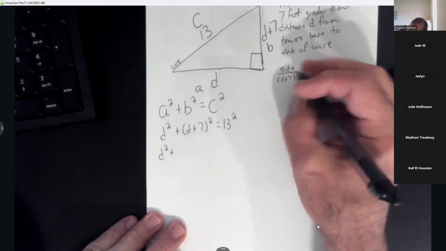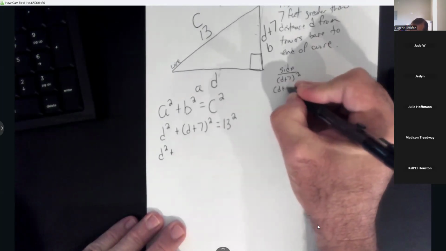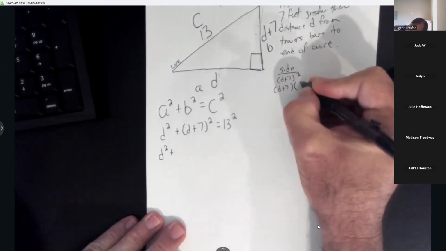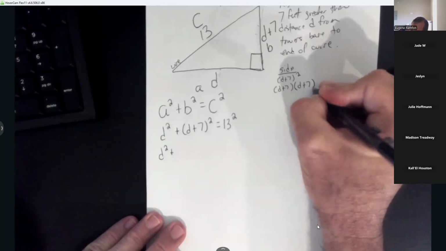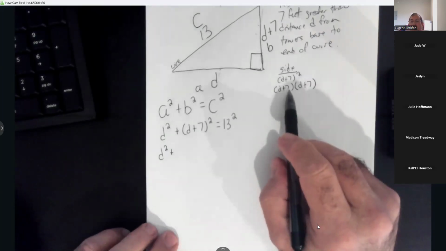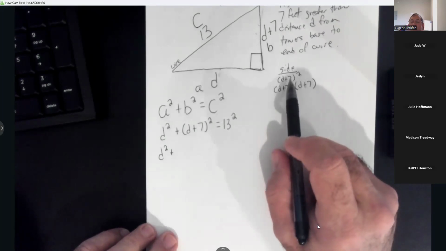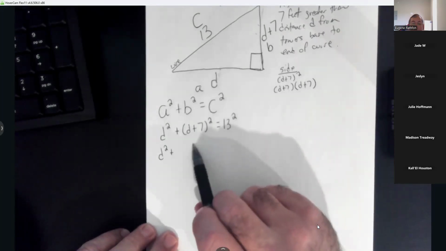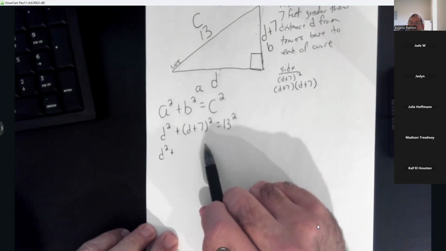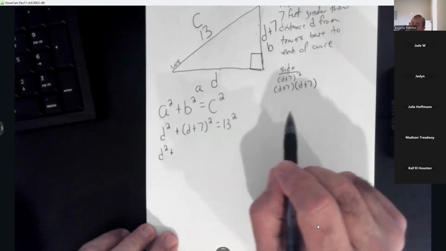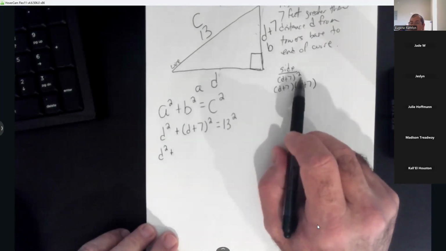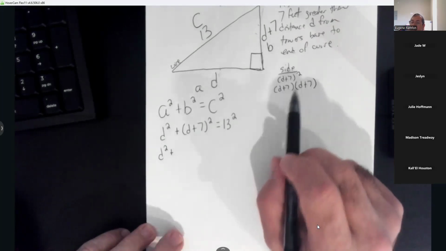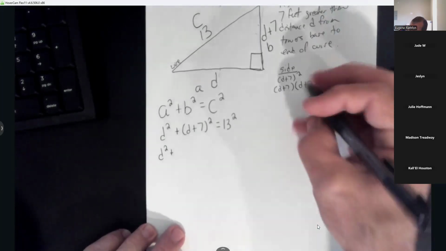So D plus 7 squared is D plus 7 times D plus 7. So the big mistake on this is people square the D, they square the 7, and they put a D squared plus 49 here. That's not enough. When you got a D plus 7 squared, you got to write this twice and FOIL.